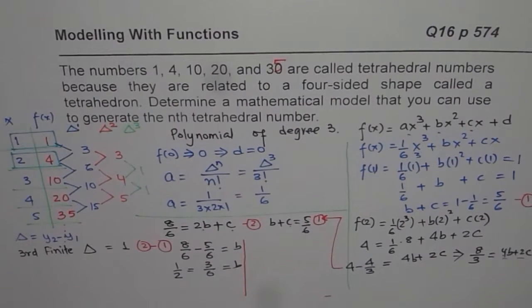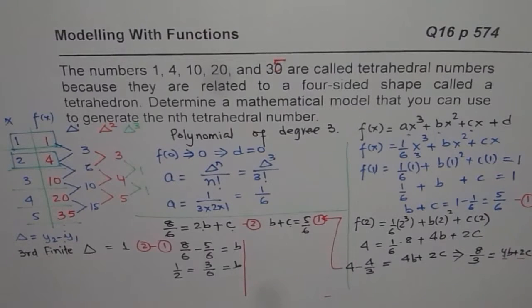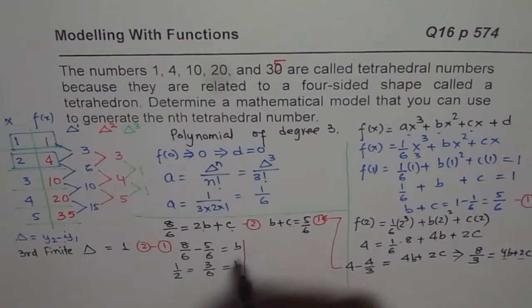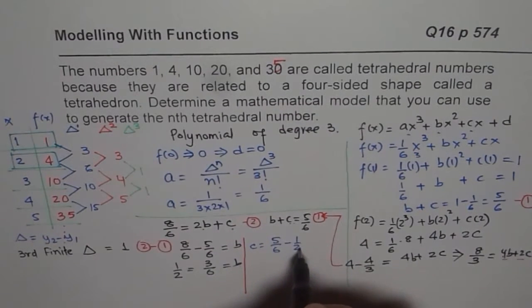Now we can find what c is. From equation 1, let me change the ink also. Substitute this half value for b here, right? So we get c equals to 5 over 6 minus half, right?